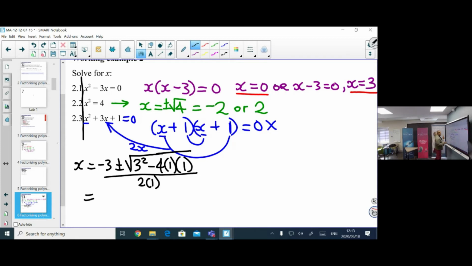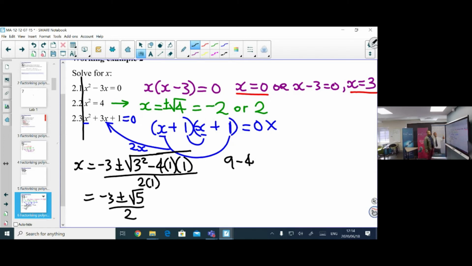To simplify it, you have minus 3 plus or minus because of the square root. Then in the square root, we actually have 9 minus 4. So that leaves us with the square root of 5, all over 2.